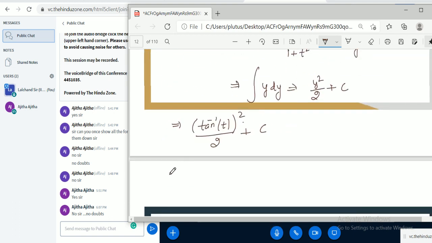Then this final answer will be square of tan inverse x cube divided by 2 plus c. Okay. This is our final answer. So are you following up to this? Is there any doubt in this question?